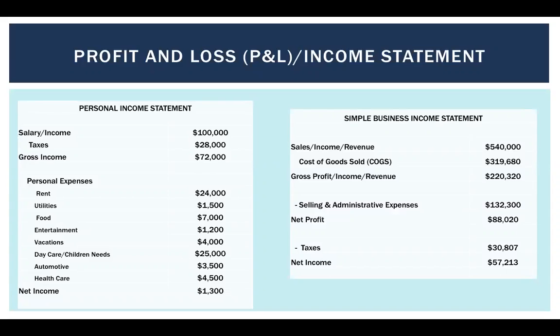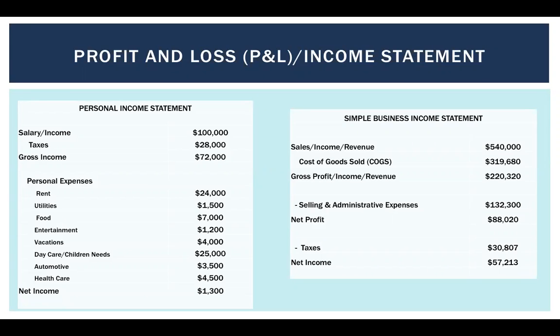And let's say this is an annual income statement. You take your gross income, reduce it by your personal expenses, and you're left with your net income. If we translate that over to the right-hand side, for a business, we start with our sales. I'm using all 3 of them here, you see together. So we have sales, income, or revenue.